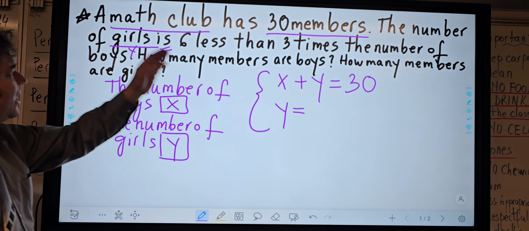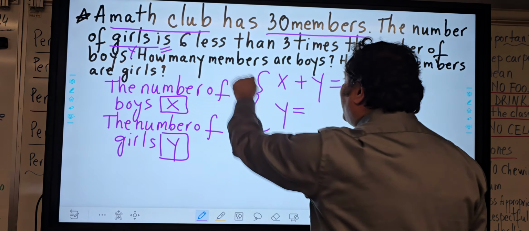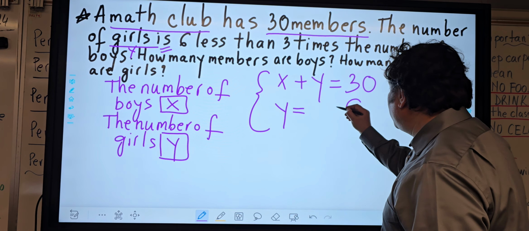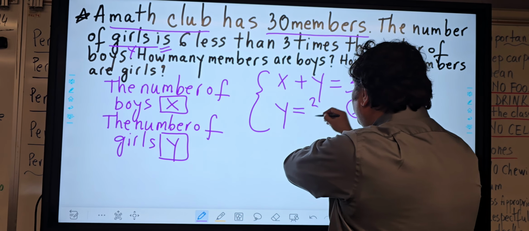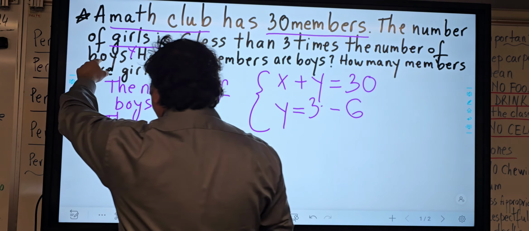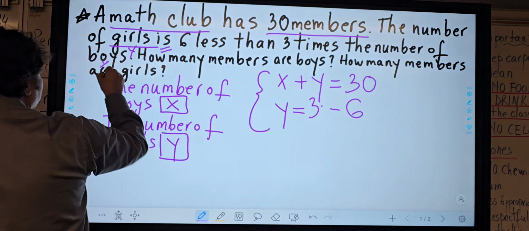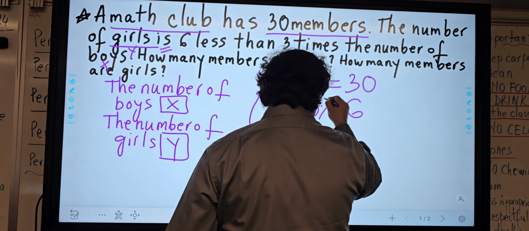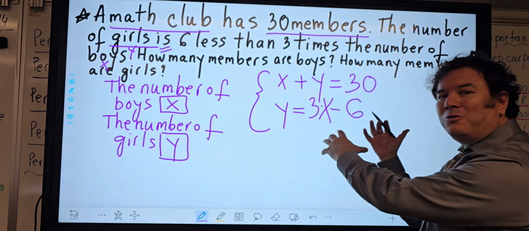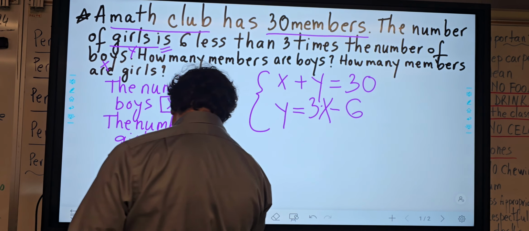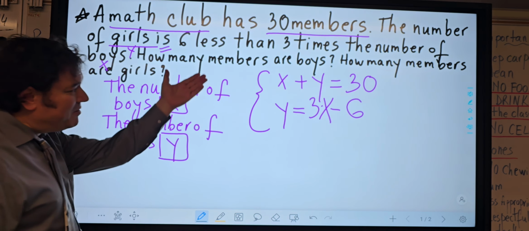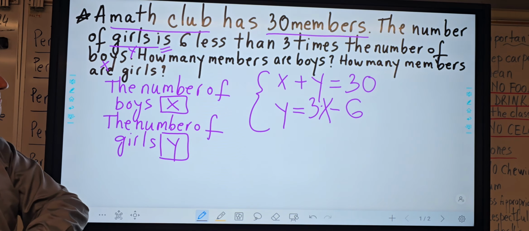So the number of girls is 6 less than 3 times the number of boys. 3 times the number of boys, which is X. 3 times X. And now we have the second equation. Now we have a system of linear equations.